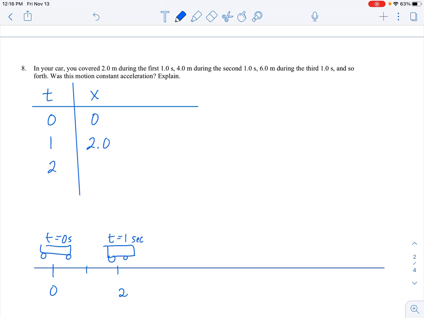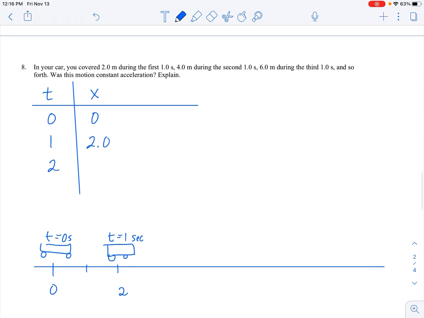Okay, during the second, 4 meters during the second means that we're going to go an additional 4 meters, which brings us to 6 meters. And this is at the end of the second, at the end of 2 seconds.